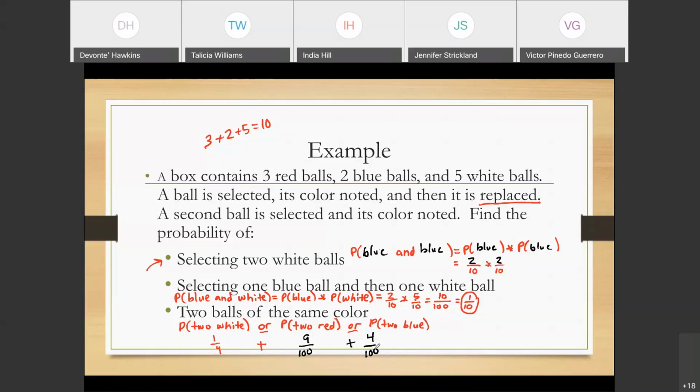I'm going to type in 1 divided by 4 plus 9 divided by 100 plus 4 divided by 100. All right, and I get 0.38, which if I take it back to fraction form on my calculator, is 19/50. It just depends on what Connect Math is asking for. If they want a fraction or a decimal, you can give it either way.